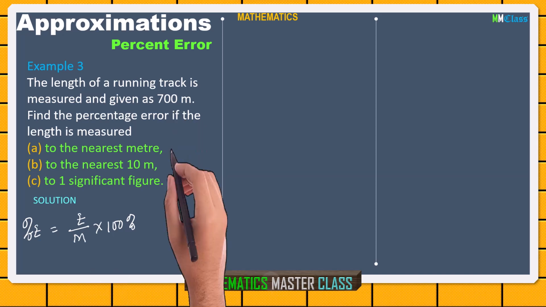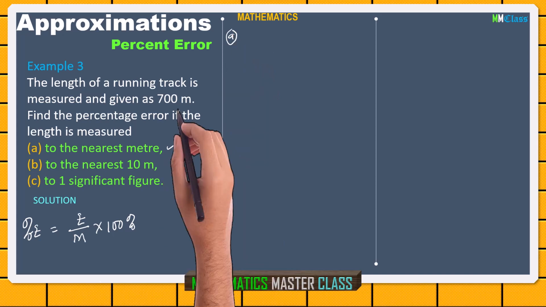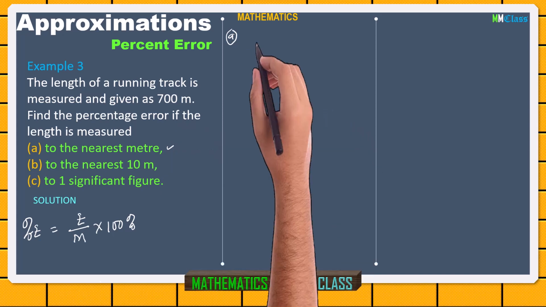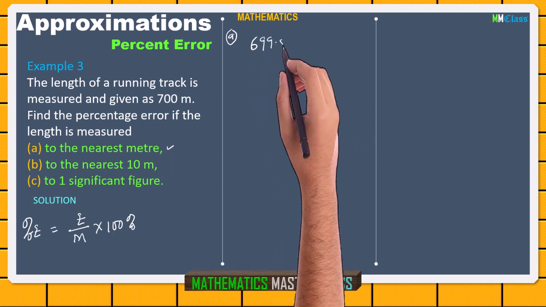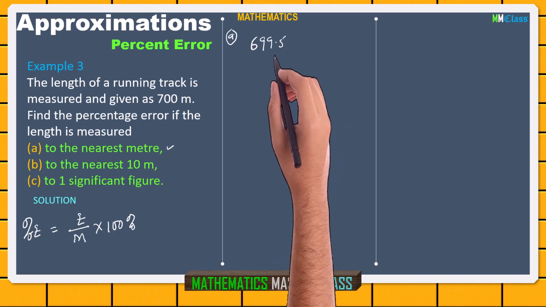So question A is saying, what number, when you approximate it to the nearest meter, you get 700. We have many of them. So when you approximate 699.5 to the nearest meter, you get 700.